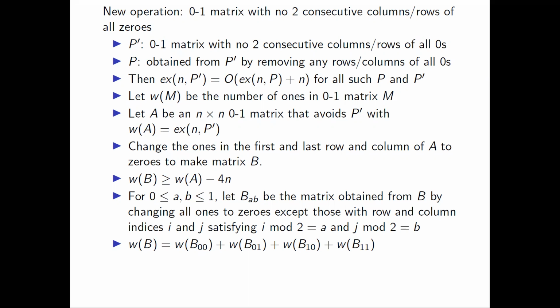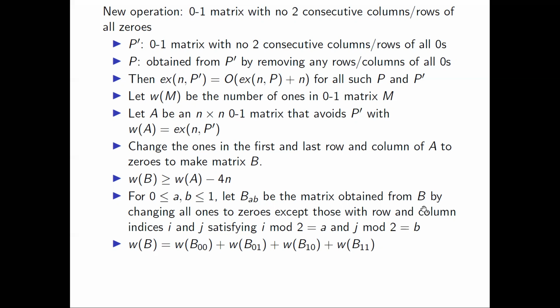So any entry in our matrix B is only in one of the BAB matrices, because whatever that entry is, the parity of its indices is going to only have one value. It's either going to be even and even, even and odd, odd and even, or odd and odd. And whatever that pair is, it's going to tell us which of these BAB matrices the one goes into.